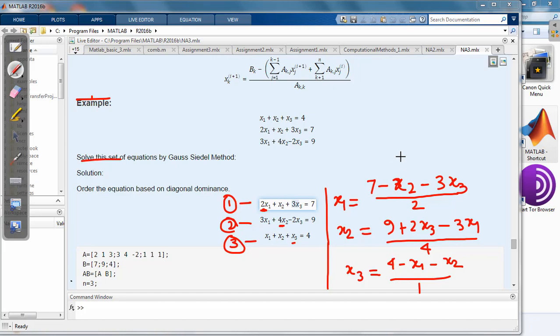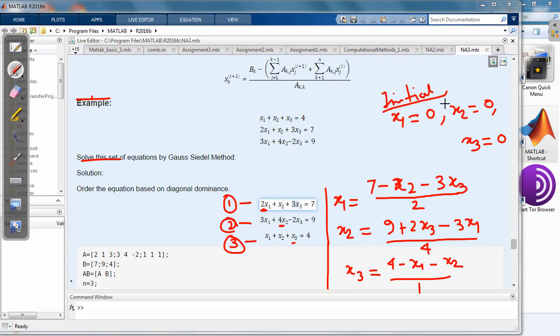Now see what the technique is in the iterative method. Initially you guess some value of x1, x2, x3. Let us guess x1 is equal to 0, x2 is equal to 0, and x3 is equal to 0. This is the initial guess.